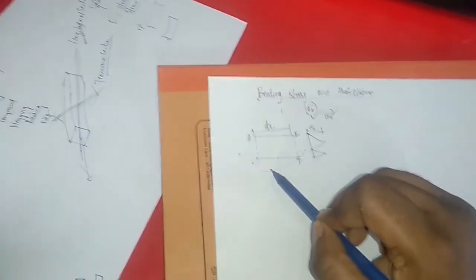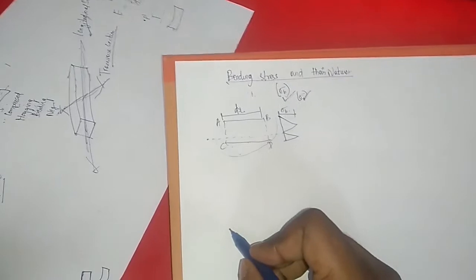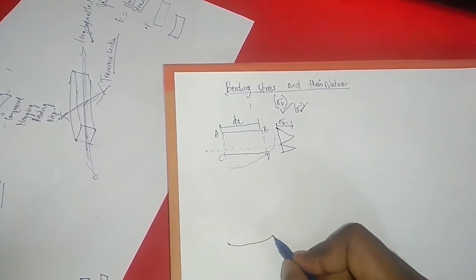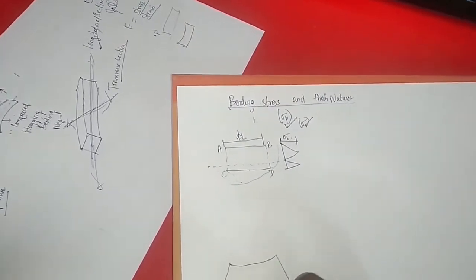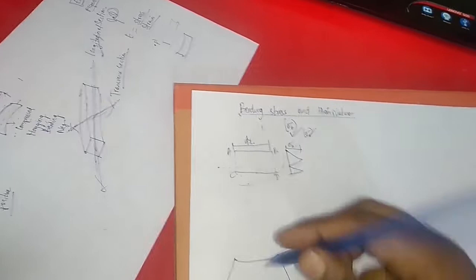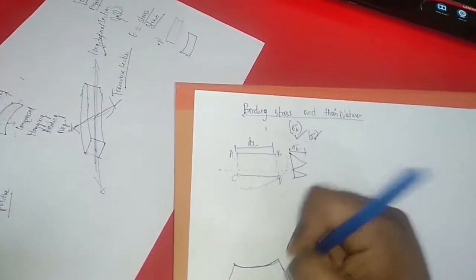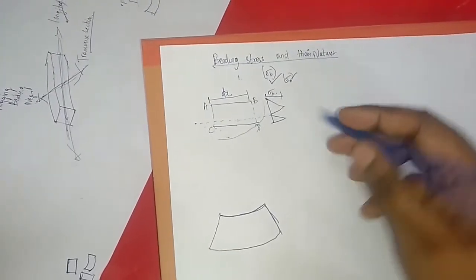Immediately if you apply load, what will happen? It may tend to bend, right? So this beam is bent in a sagging bending moment. We are going to consider it as an arc of a circle. How do you draw an arc of a circle?